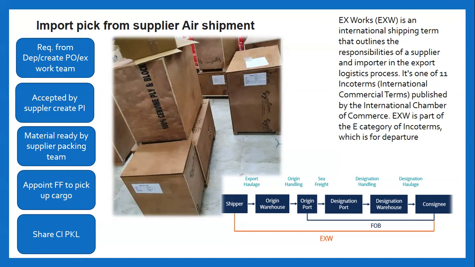He receives rates from different forwarders, as per the service level and the best rate quoted. Here the importer will appoint a freight forwarder to pick up goods from the supplier factory.